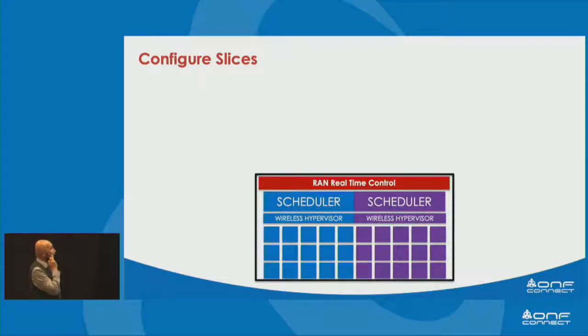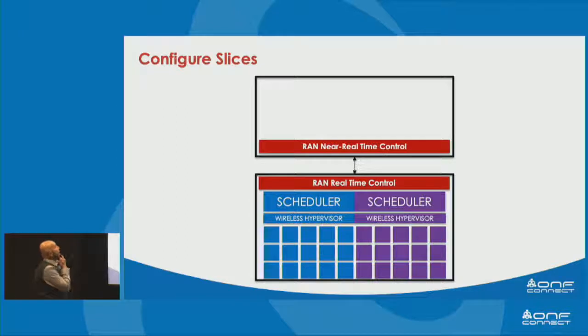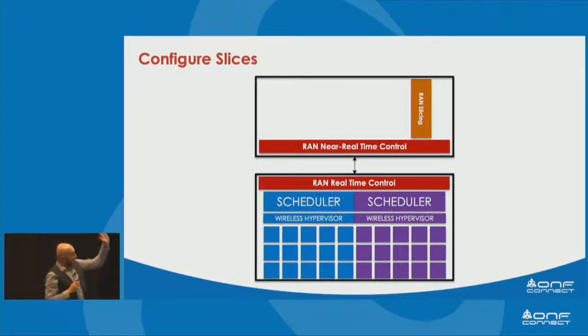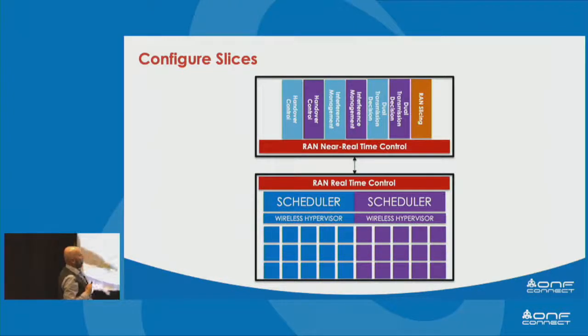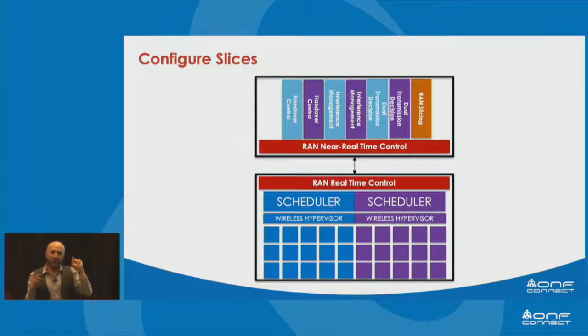So then, the configuration of these slices needs to come from the near real-time controller. So I need a slicing application that sits on the RIC that allows me to configure this in near real time. In addition to that, I also need the capability to have multiple options of these RRM functions so that I can do the stitching.